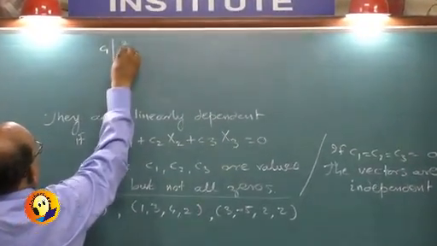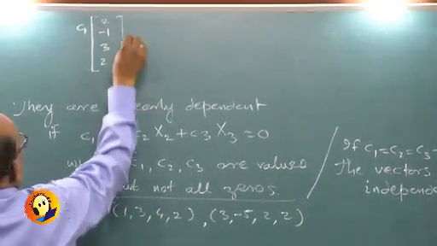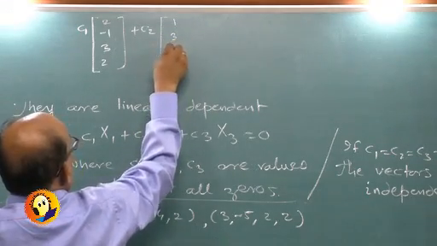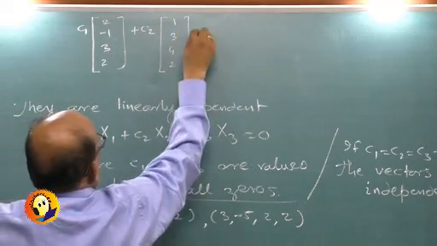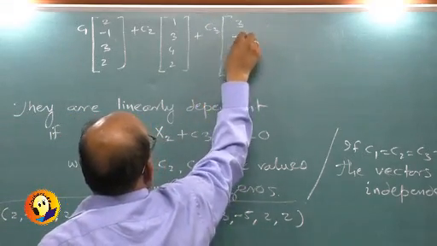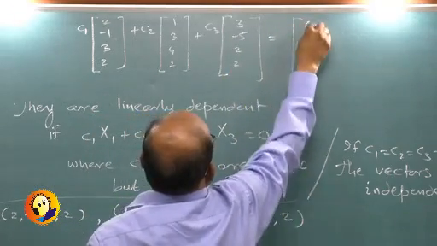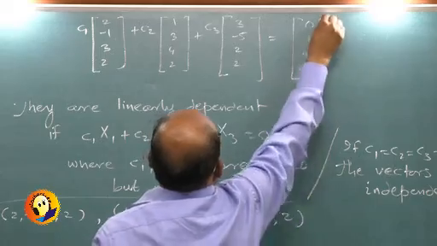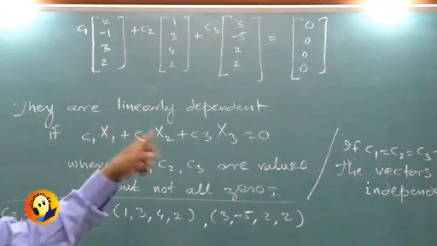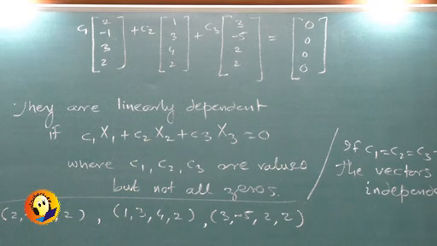It is 2, minus 1, 3, 2 plus C2 times 1, 3, 4, 2 plus C3 times 3, minus 5, 2, 2 equal to 0, 0, 0, 0. Because there has to be the relation between all the first elements, all the second elements, all the third elements, all the fourth elements, and then only they can be dependent.